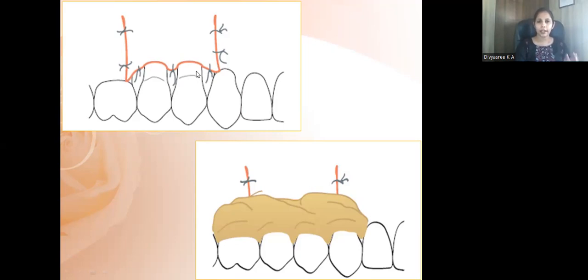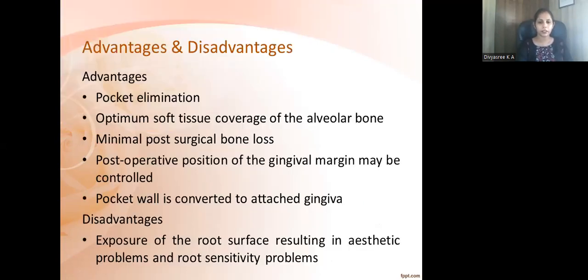One should always have a proper understanding of the incisions in periodontal surgeries, the flap elevation techniques in periodontal surgeries, and the different surgeries involved for the correction of periodontal pockets. Here, modified Widman, apically displaced, as well as undisplaced.